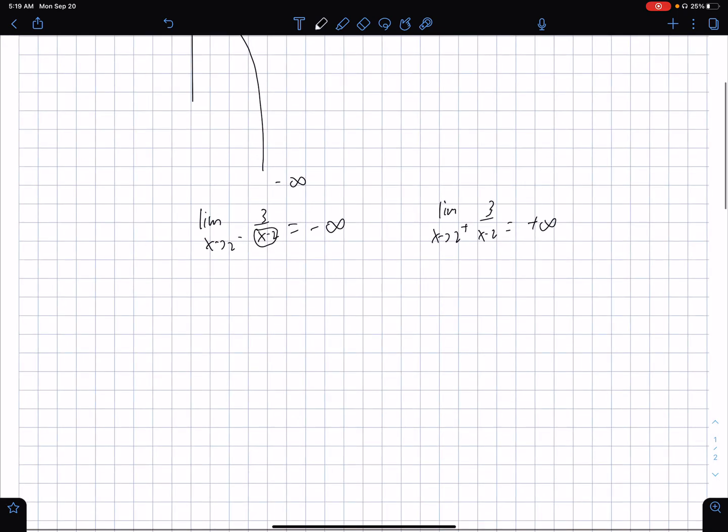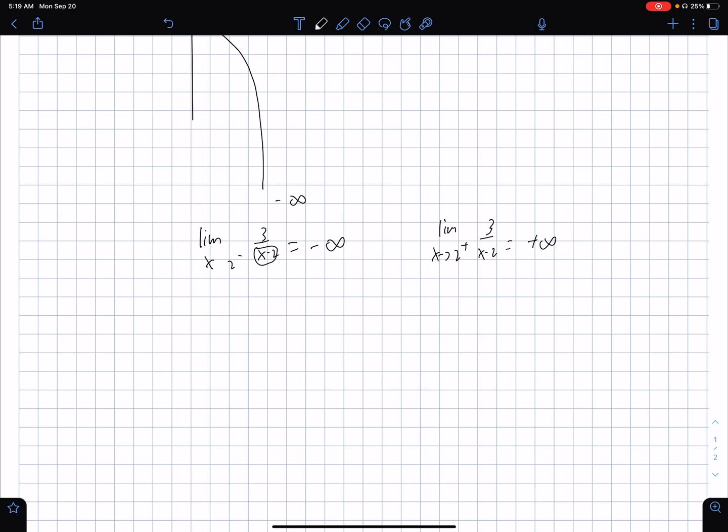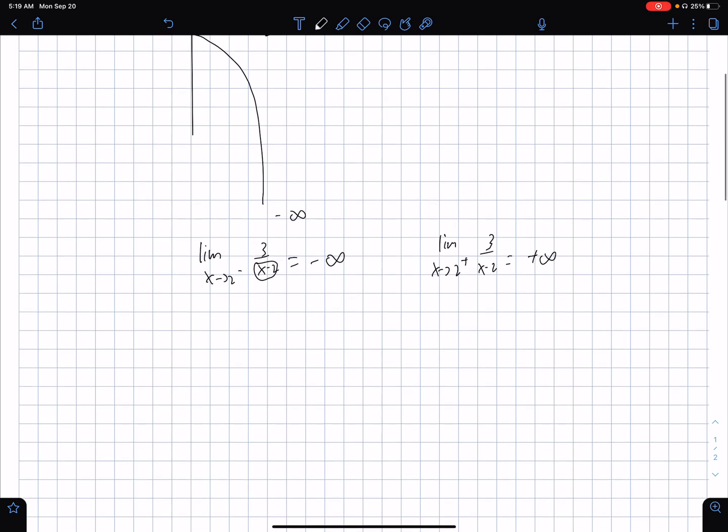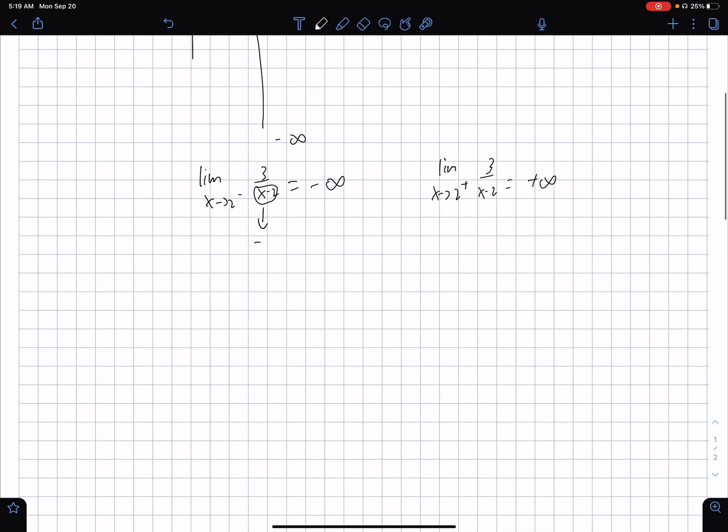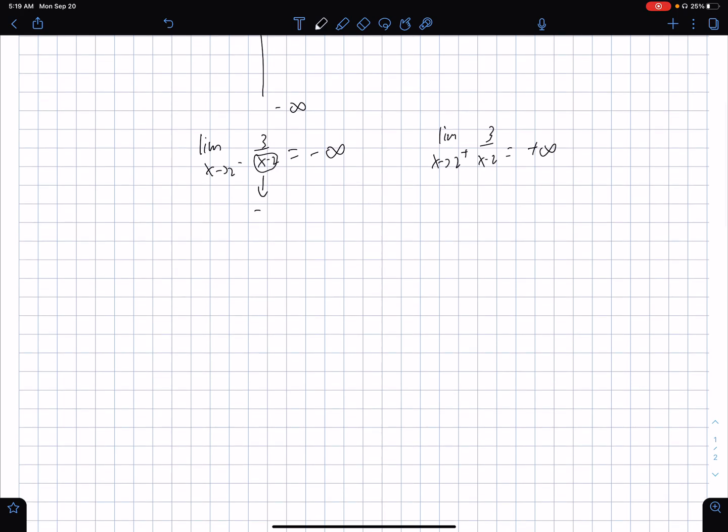Here we are approaching from the left, so we can take a value that is slightly smaller than 2, and thus this would be negative. And if 3 is divided by a really large negative number, we would get negative infinity. And the same thought process can be applied to here. We can see that this would be a larger number, and we would get positive infinity here.